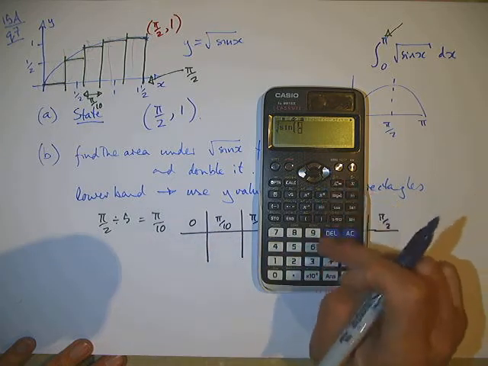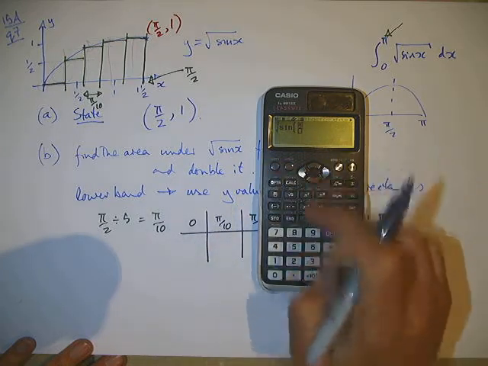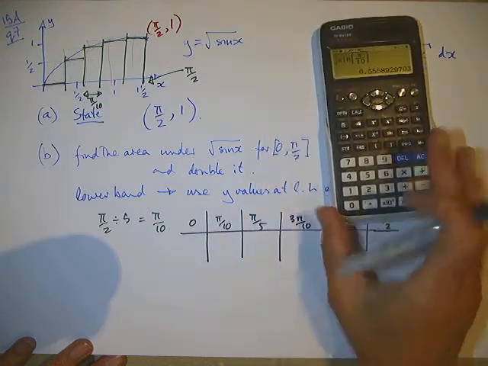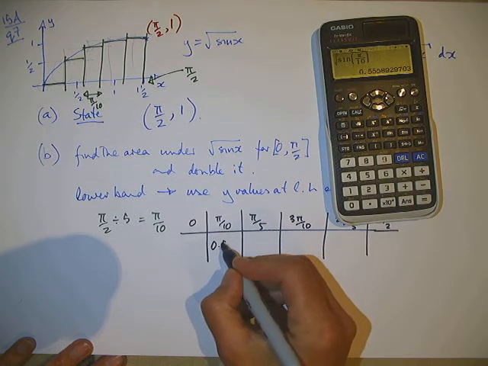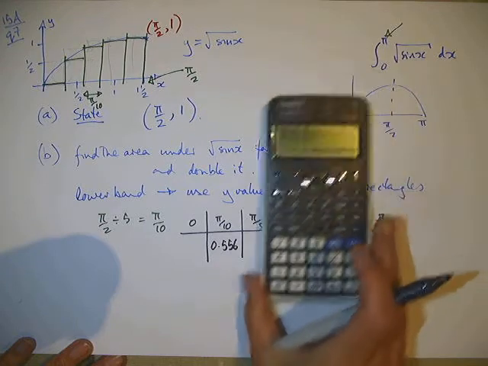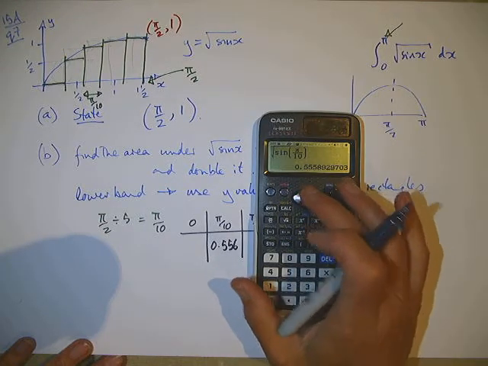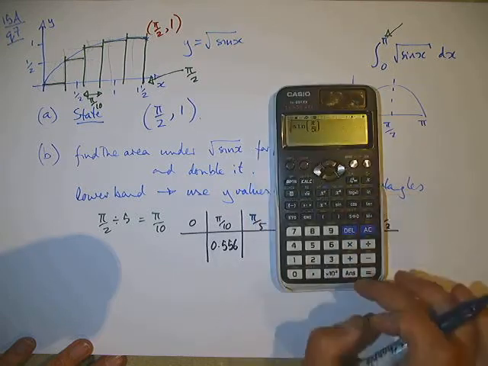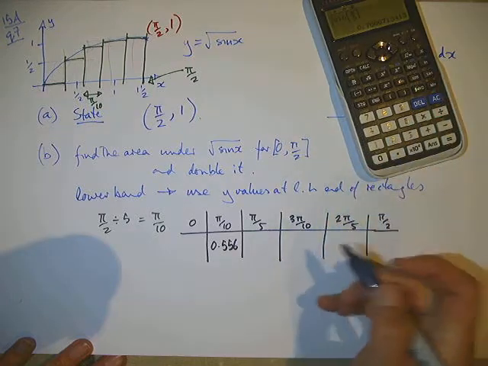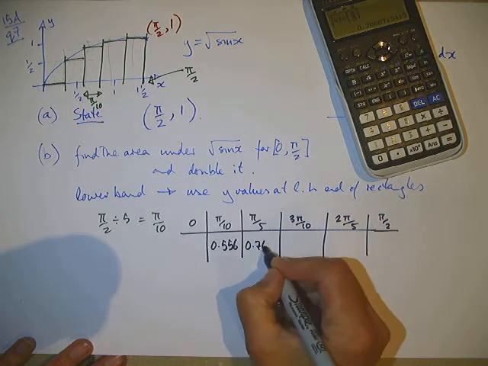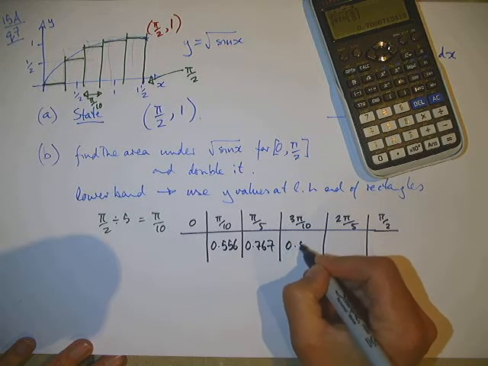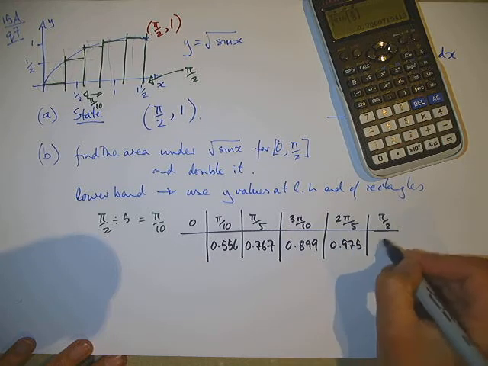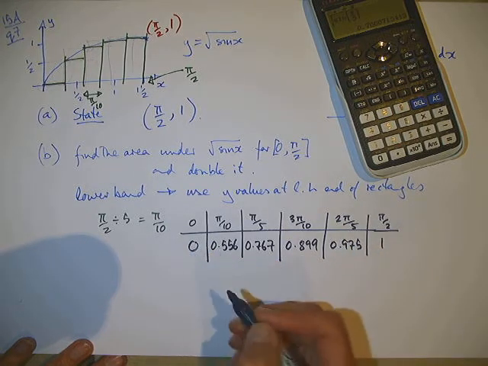Sine of 0 is 0, I don't need to put that one in. So square root of sine of pi over 10, and I get a first answer of 0.556. Easiest way to get the rest of them, if I'm not going to bother using a table function, use the cursor key and just change all the denominators. Pi by 5, 0.767, 0.899, 0.975, sine of pi by 2 is 1, and that one is 0.